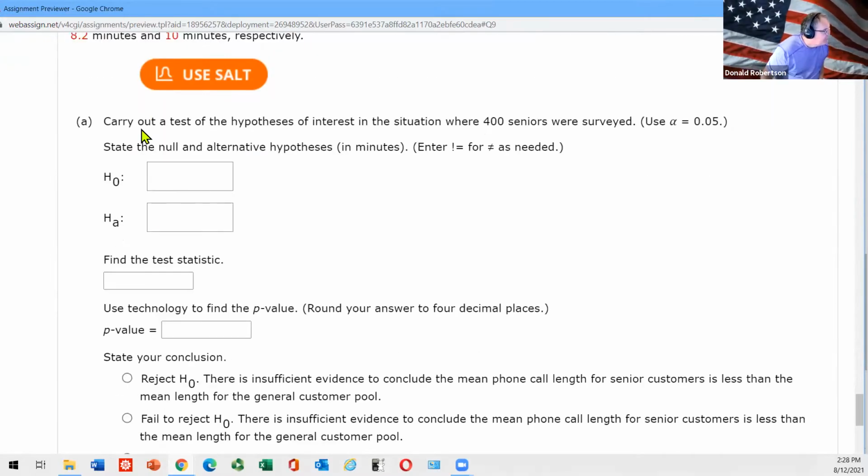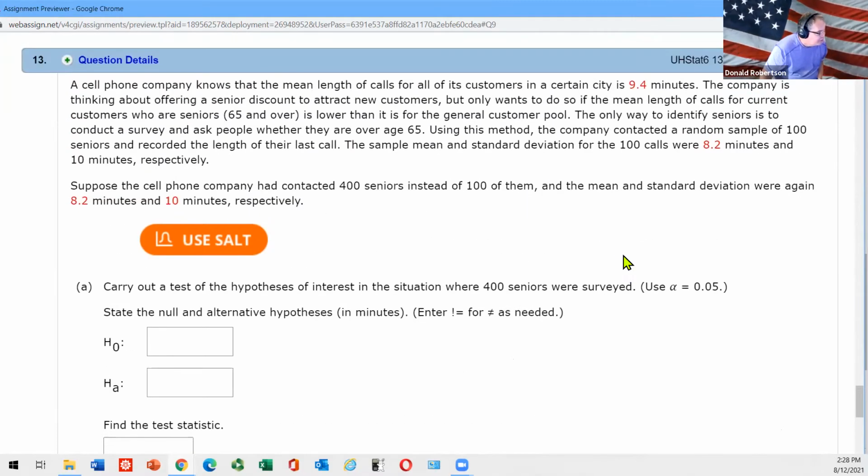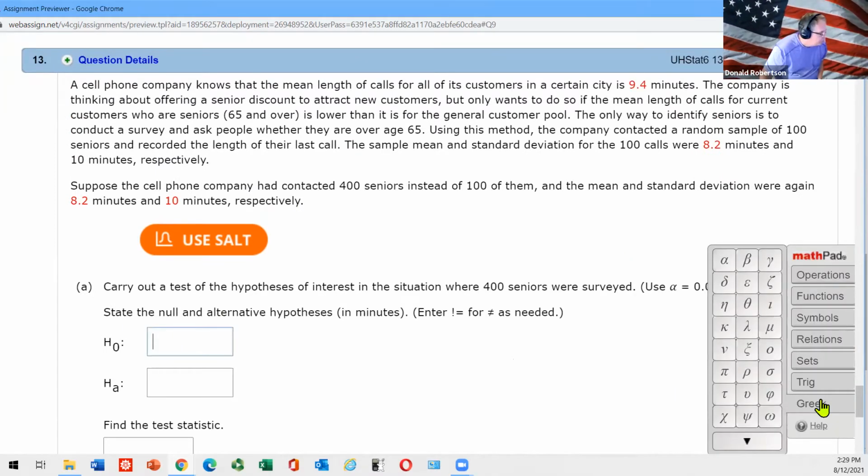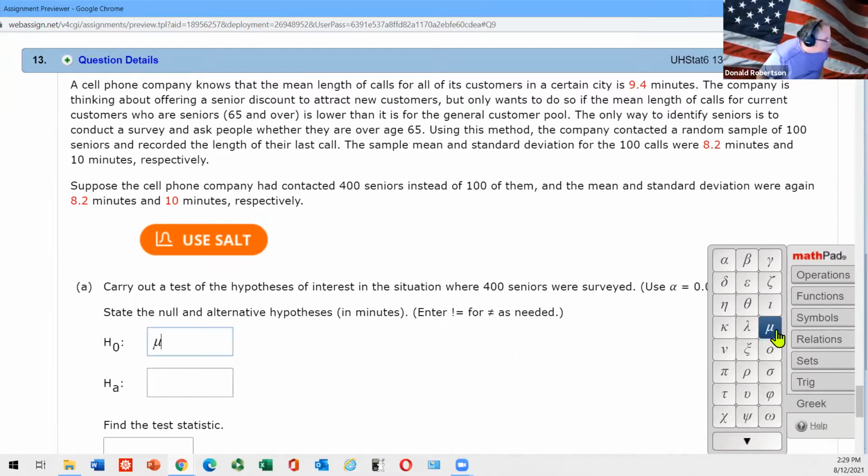Let's do the first one. Carry out a test of the hypothesis of interest in the situation where 400 seniors were surveyed. So if it's going to be 400 seniors, you're going to do the mu, where mu is equal to 9.4.